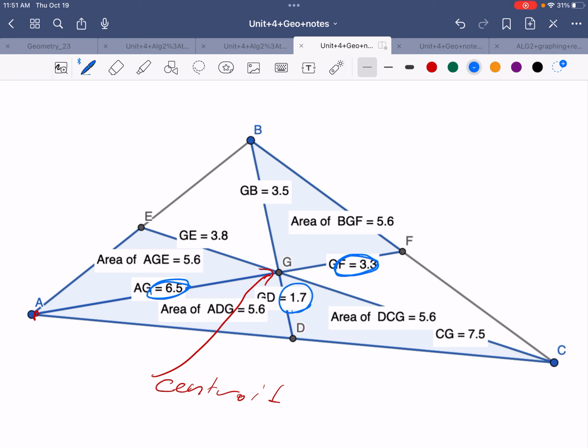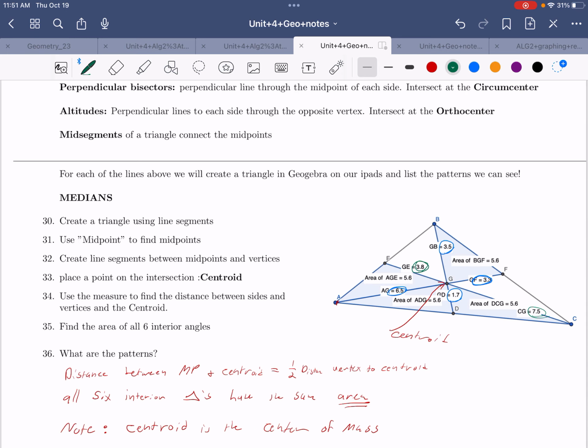The short side 1.7, that's half of 3.5, with rounding error. Or if I did 3.8, doubling 3.8 gives me 7.6, rounding error 7.5, right? So notice that the short side is always exactly half, right?